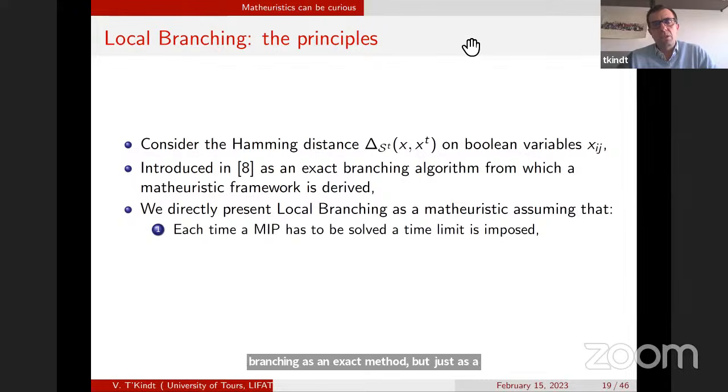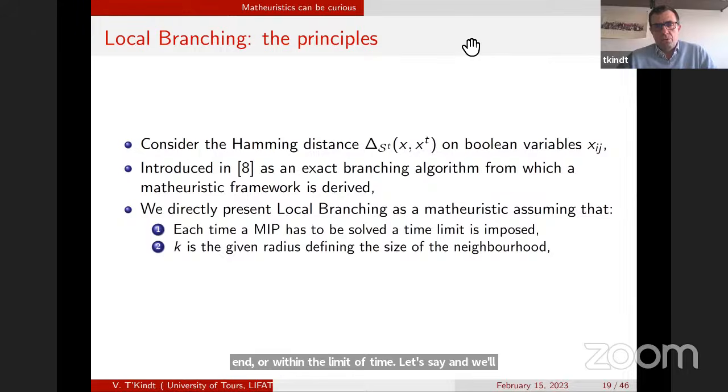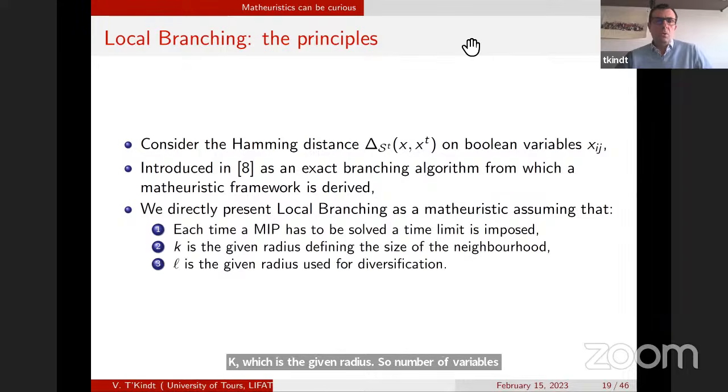Classically, what is assumed in such an approach is that each time you call a MIP, you have a time limit, so the MIP will not necessarily go until the end. We have a parameter k, which is the given radius, the number of variables that are allowed to be changed with respect to the current solution. We also have another parameter, L, which is the radius used for diversification. K and L may be different, for sure.